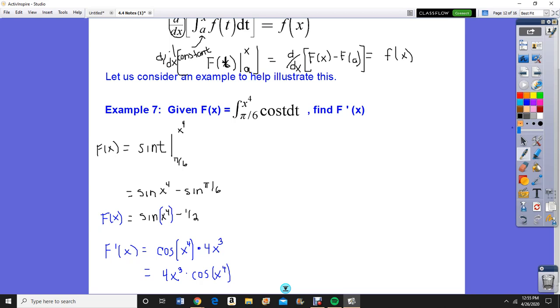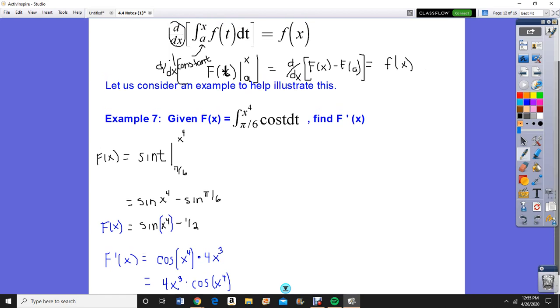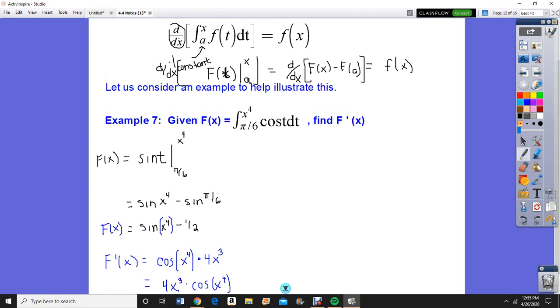Instead, what I'm going to recognize is that when I go to take the derivative of an integral, I am supposed to get this function back. And hopefully that makes sense, because the antiderivative of cosine is sine, so when I differentiate back, I get back cosine.